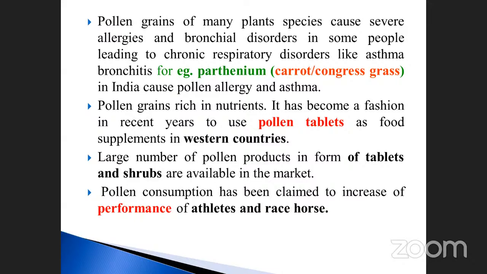There are also so many injections, steroid injections and so on, that increase the performance of athletes. Many persons also use these things. But in this category, pollen consumption is used to increase the performance of the athletes as well as the race horses.